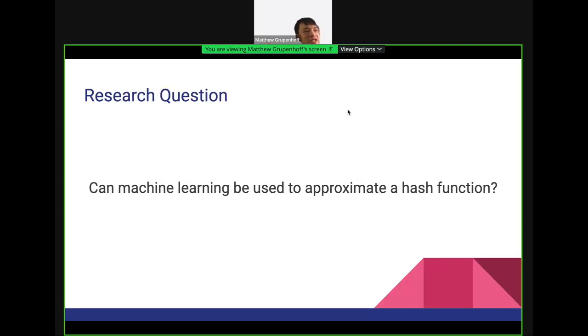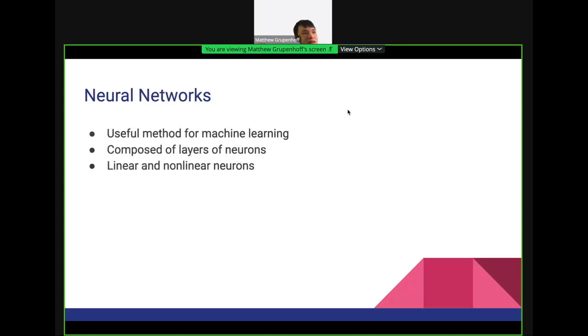So the research question here is, can we use machine learning to approximate one of these functions? A neural network is a useful method of machine learning. There are layers of neurons, and those neurons are sometimes linear, sometimes non-linear.